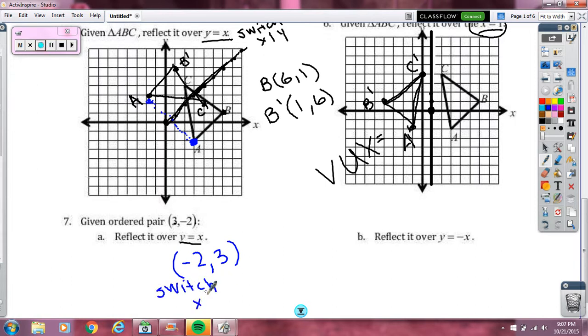So I just switch my x and y. When I'm reflecting over y equals negative x, though, that's the line that's going the other way. So it starts at the origin, but it's going down from left to right. So let's draw that guy in really quick. So it starts at the origin, has a slope of negative 1.